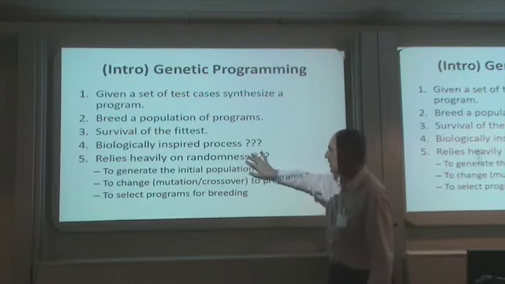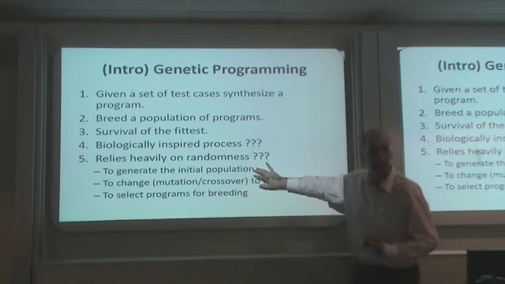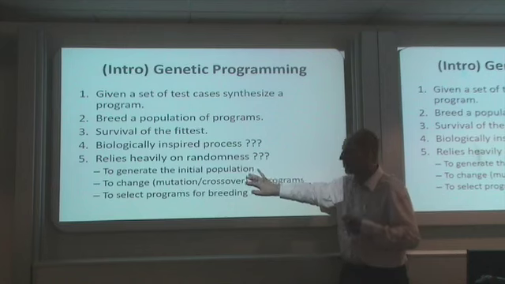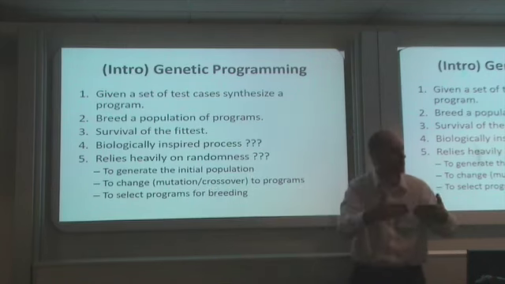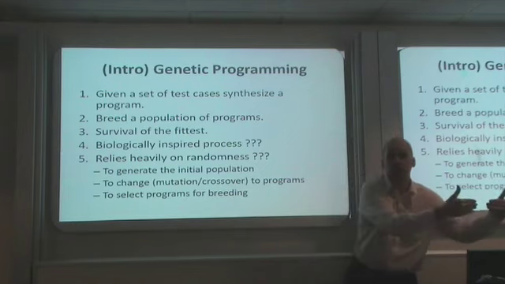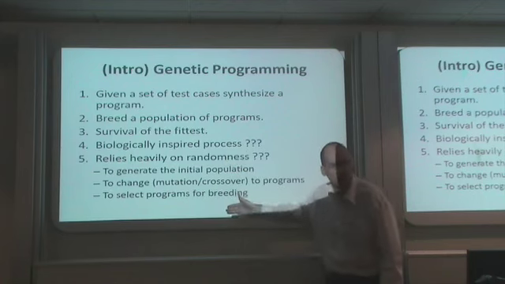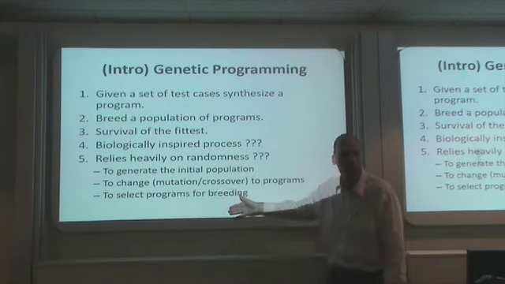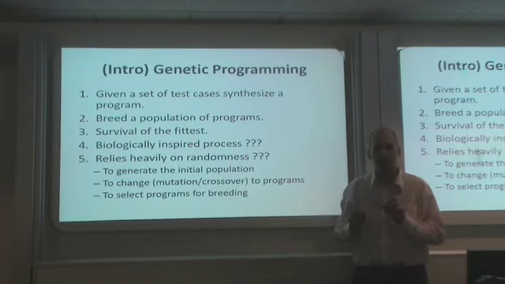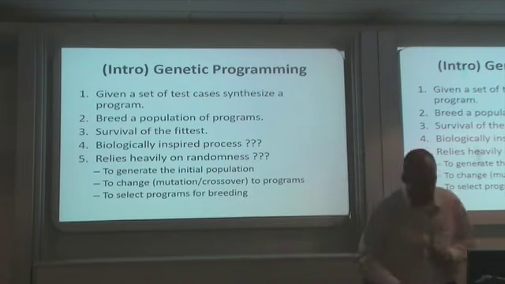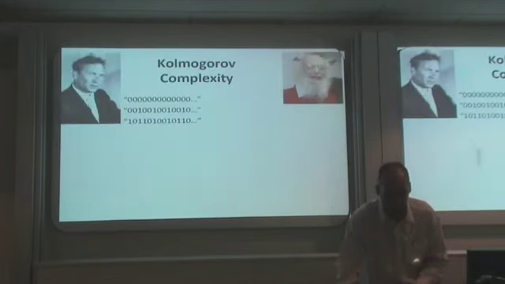So you might generate a set of programs initially at random, and during the process you're going to change the programs at random, and you select which programs go on to the next generation at random. Sorry, with a bit of randomness, it's not completely random. But in your typical genetic algorithm or genetic programming algorithm, there's a lot of randomness. And randomness just means we don't know what we're doing. So let's replace that with some information theory. Well, let's try and start to replace that with some information theory.